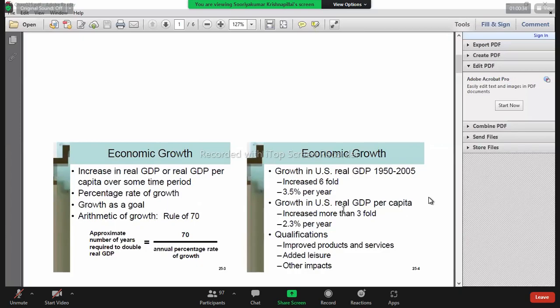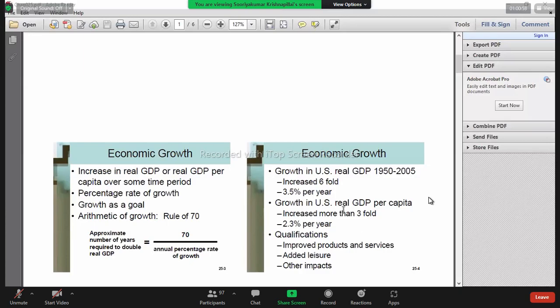They use this simple rule: 70 divided by the annual percentage growth rate of the GDP. That gives how many years it will take the country to double its GDP.